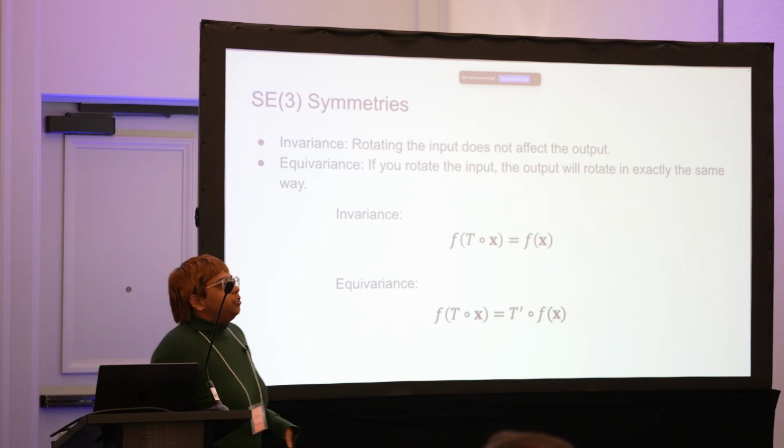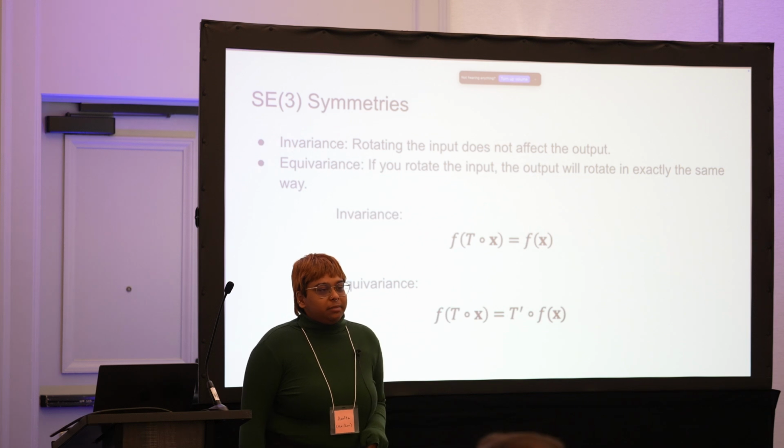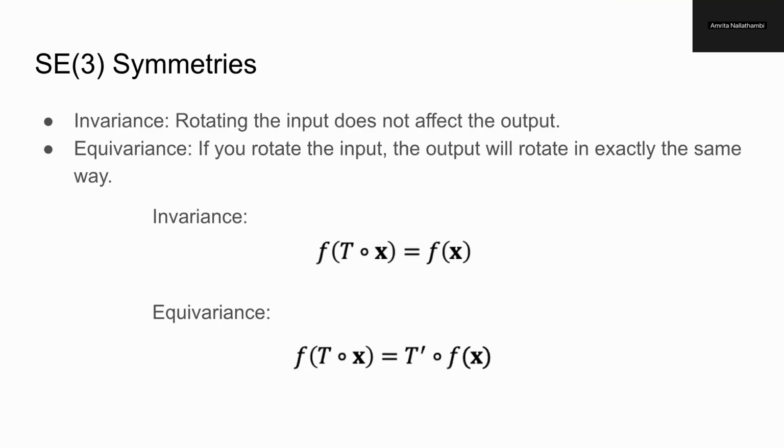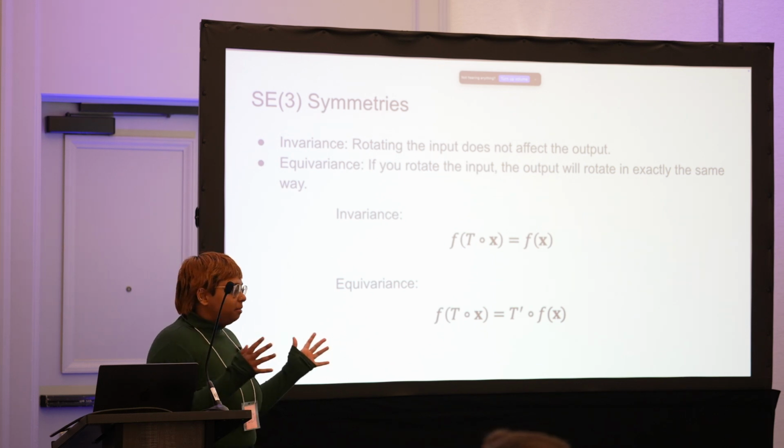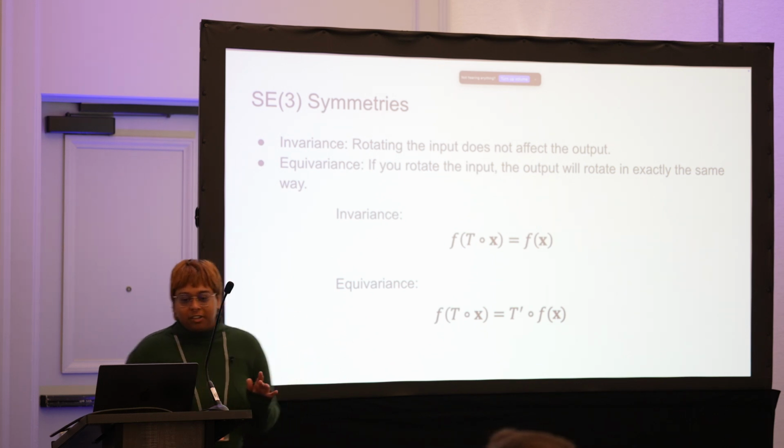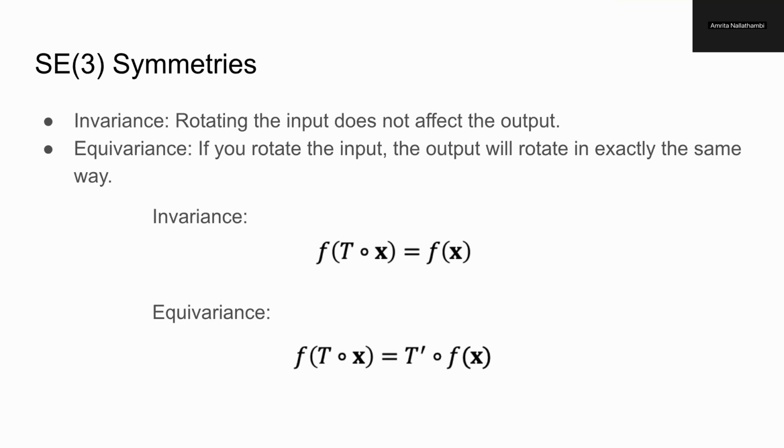Before I jump into how RFDiffusion handles symmetry, I wanted to define these terms because I think they come up a lot and people don't know what they mean. So just to put it in very simple terms, I like to think of invariance as a property of a network where if you give it an input and maybe rotate it in any different way, it doesn't affect the output.